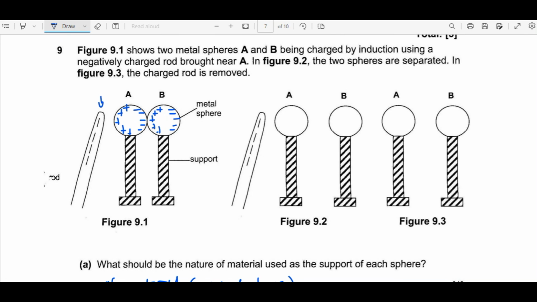Then for this one, we have plus, plus, plus, plus, minus, minus, minus, minus. Then for the remaining, since these are not connected, the distribution was just even.